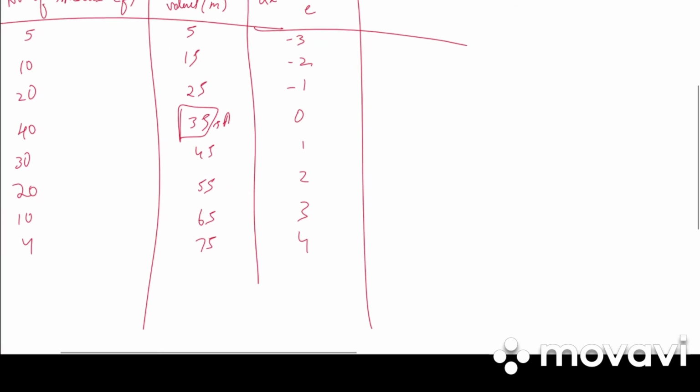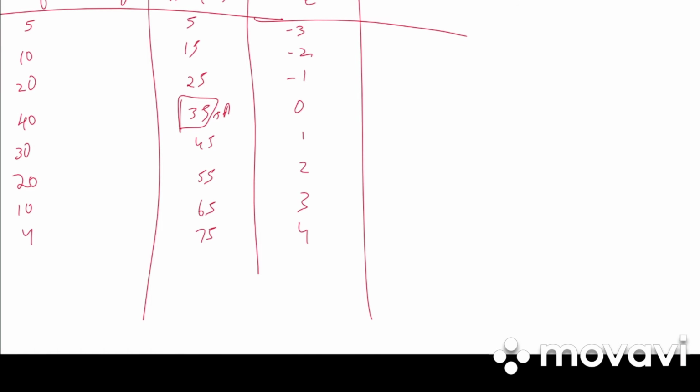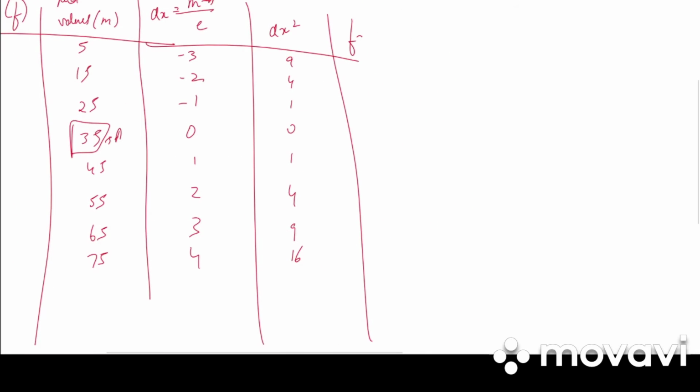Next we need to find dx square: 9, 4, 1, 0, 1, 4, 9, 16. Next f dx square.